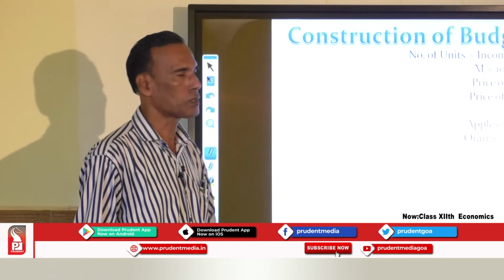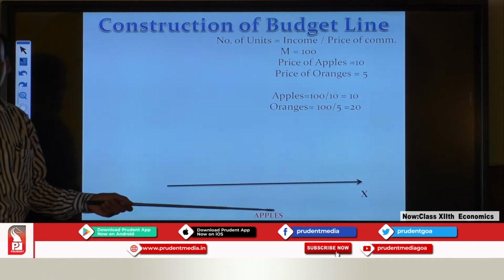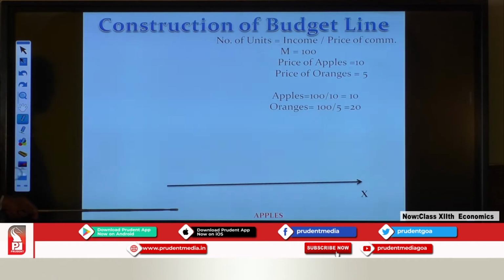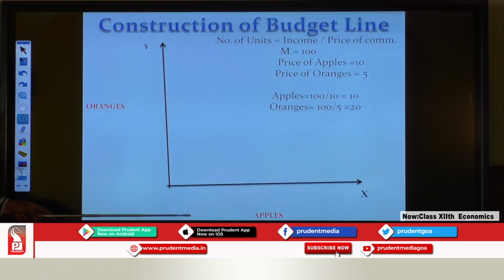Now let us draw the diagram. On the x-axis, we measure apples, commodity 1. On the y-axis, I measure commodity 2. In the example, I have taken oranges. Okay?